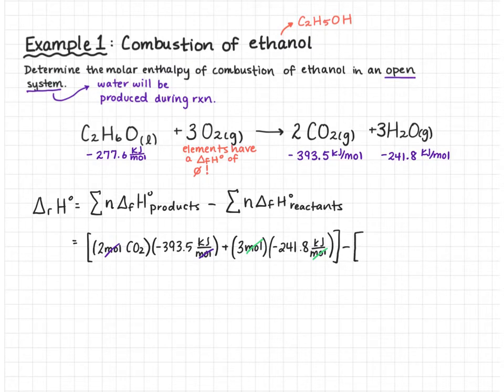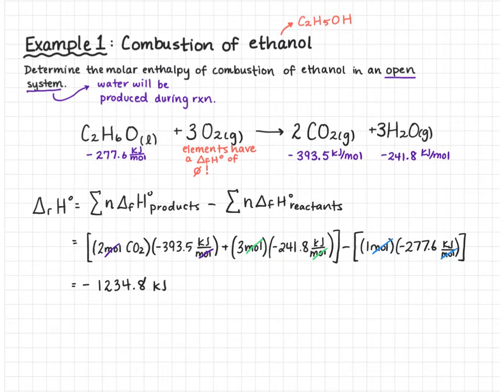We're going to subtract our reactants. Because oxygen is zero, we don't have to include it. So we're just going to have 1 mole of ethanol times the formation enthalpy of ethanol. And again, we can cancel out our moles. So our final answer should be in kilojoules, and it should be negative 1,234.8 kilojoules.